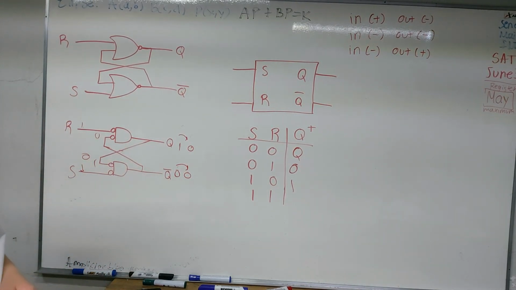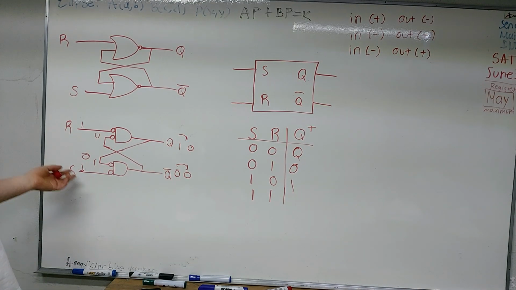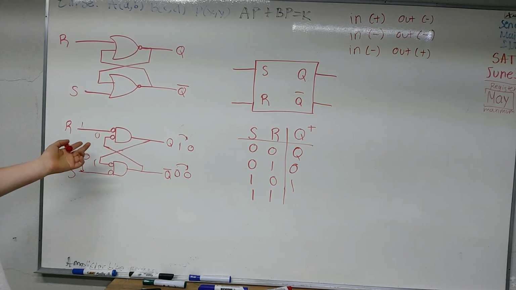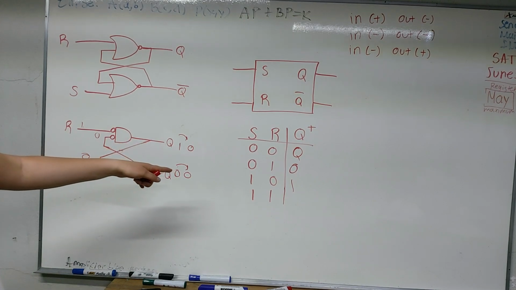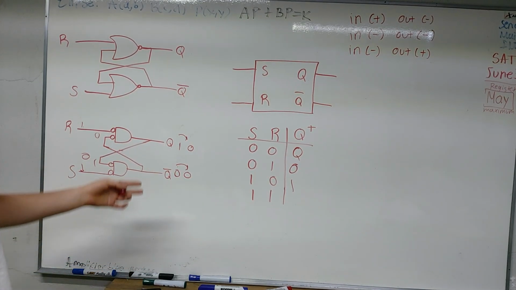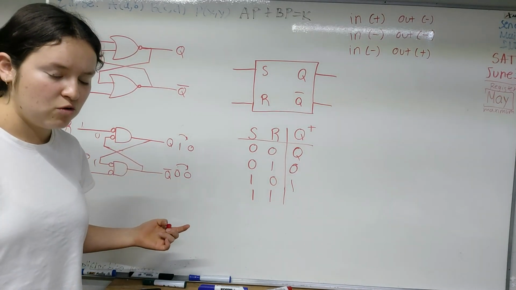We don't have any more change in the input, so we expect to have the same output, which is okay, which is true because 0 and 1 is 0. And here we see an inconsistency. Here Q is the same as Q denied.